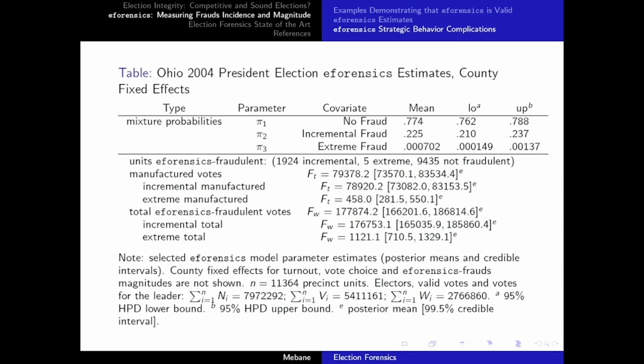It's only 177,000. But this number is bigger than the margin between Bush and Kerry in this election. So even the lower bound of the 99.5% credible interval means that e-forensics frauds, if removed from the election, would have produced a different winner in Ohio 2004, and therefore a different president elected in the United States.